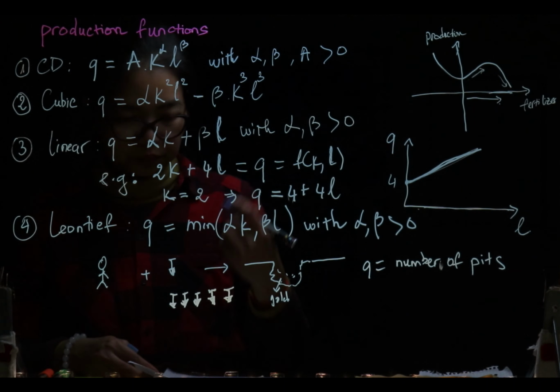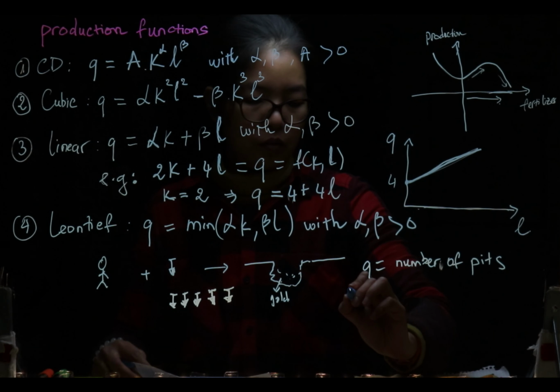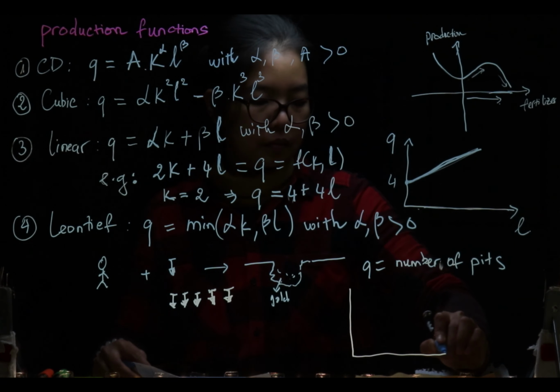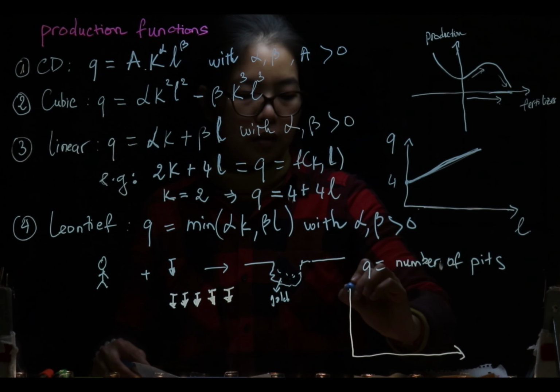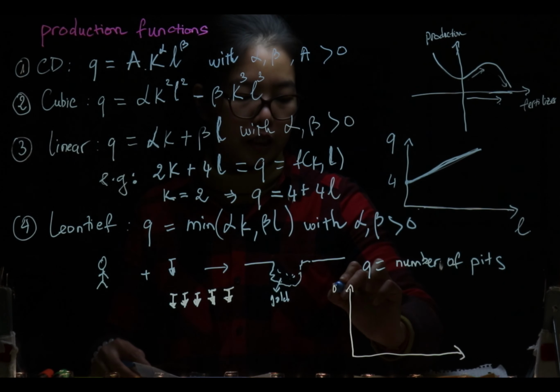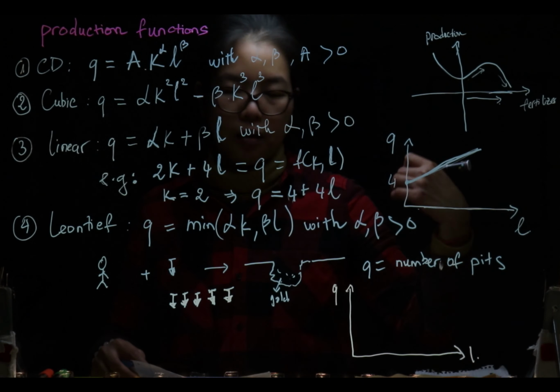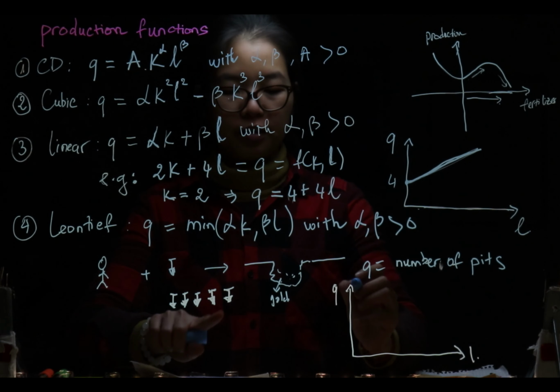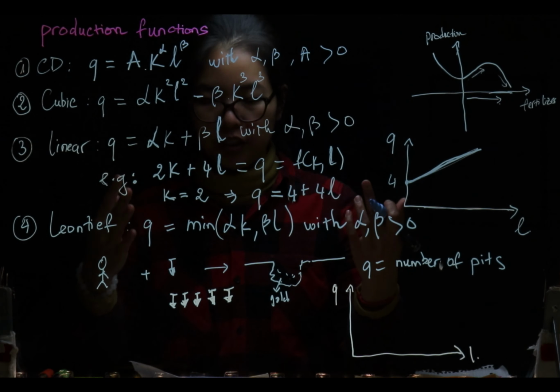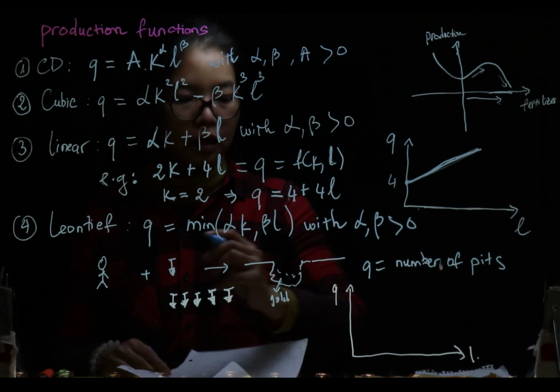Okay? It will look like this. Q again, and here is labor. You have 5 spades.